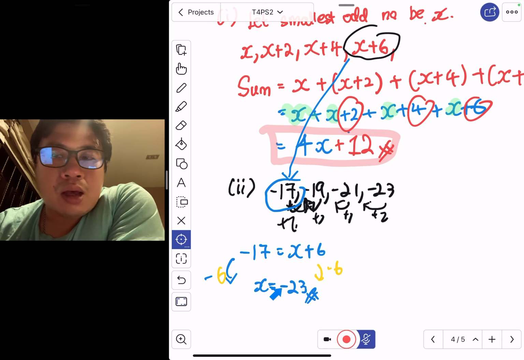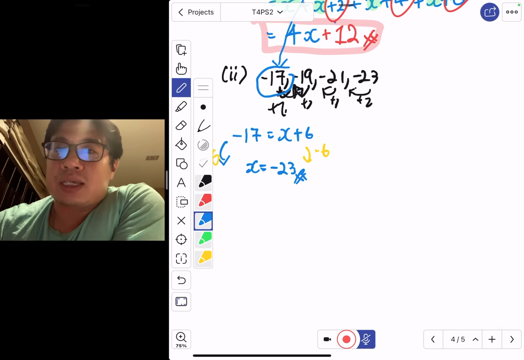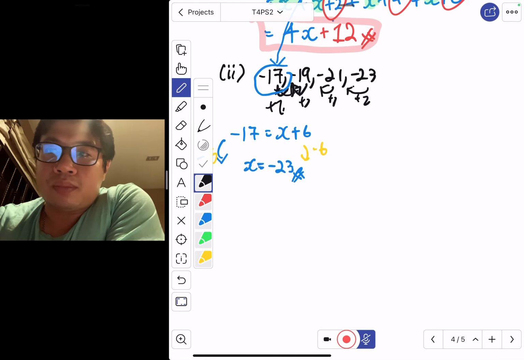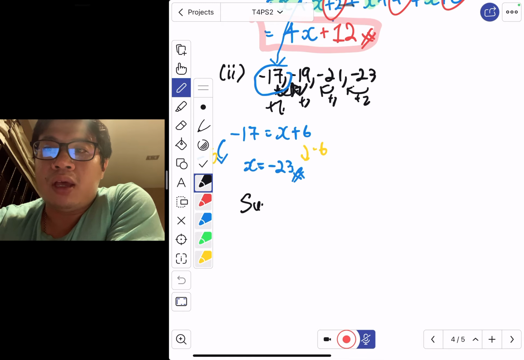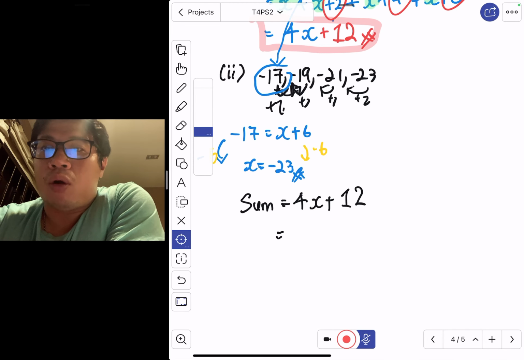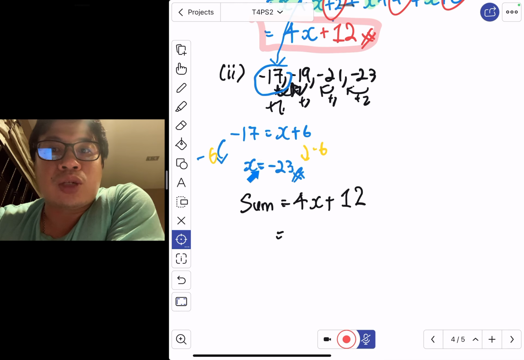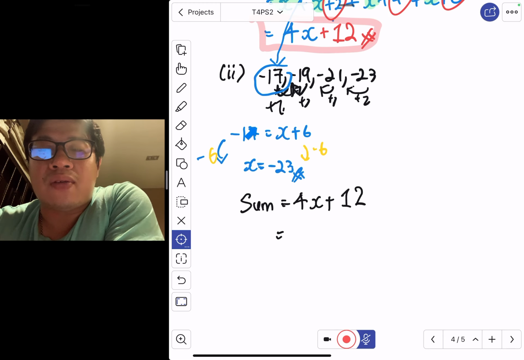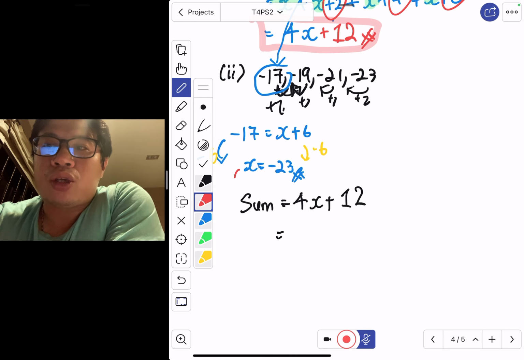If I know that x is negative 23, I know that the sum is in the form of 4x plus 12, where x is the smallest number. From the fact that negative 17 is the biggest number, I have shown you that x is negative 23, and this is the smallest number, based on what I defined.